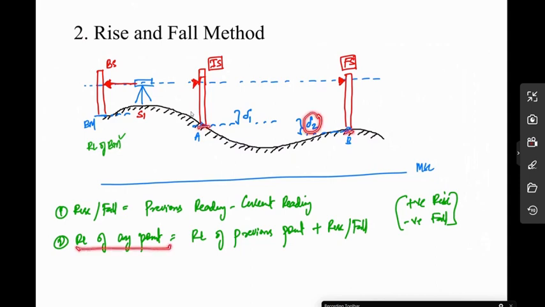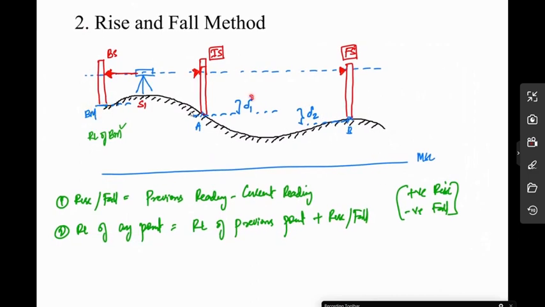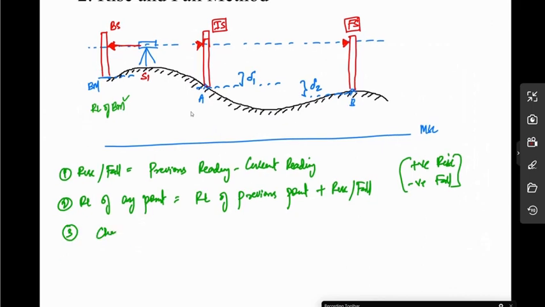So reduced level at any point is reduced level of the previous point, that is the benchmark, minus delta 1, which will give you the reduced level of A. Similarly, in order to find the reduced level of B, I have the reduced level of A minus delta 2, which will give me the reduced level of B. You can continue like this and find the reduced level of any point, and the check provided for this is sigma rise minus sigma fall is equal to last RL minus first RL.